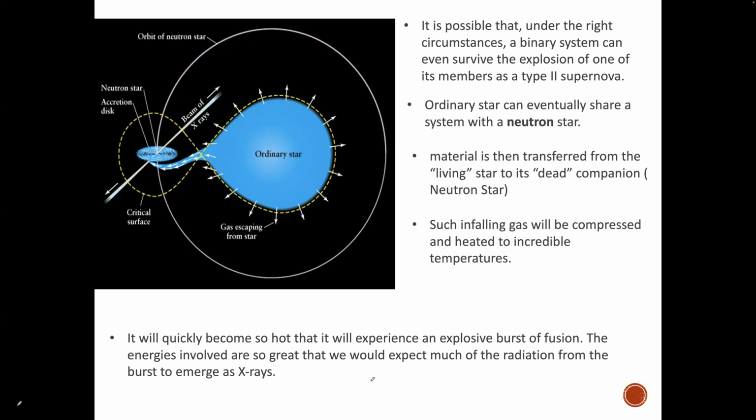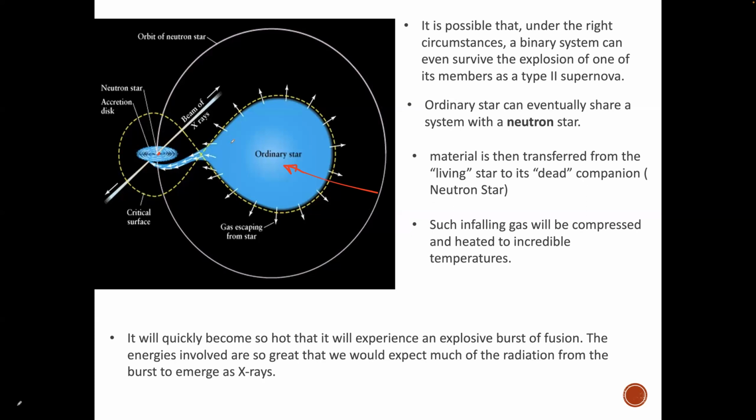There are certain times when an ordinary star that is nearby will share a system with the neutron star, right? This is an example of that. Here is the neutron star that goes around, and here is an ordinary star right here. This is a binary system, right?